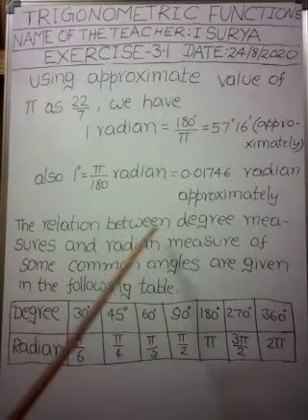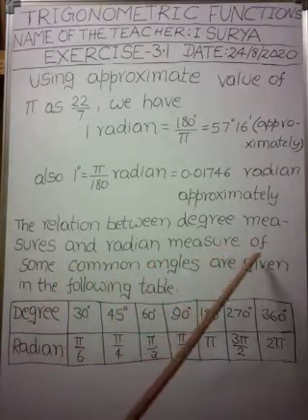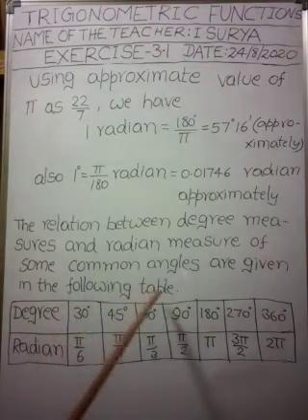The relation between degree measures and radian measures of some common angles are given in the following table.